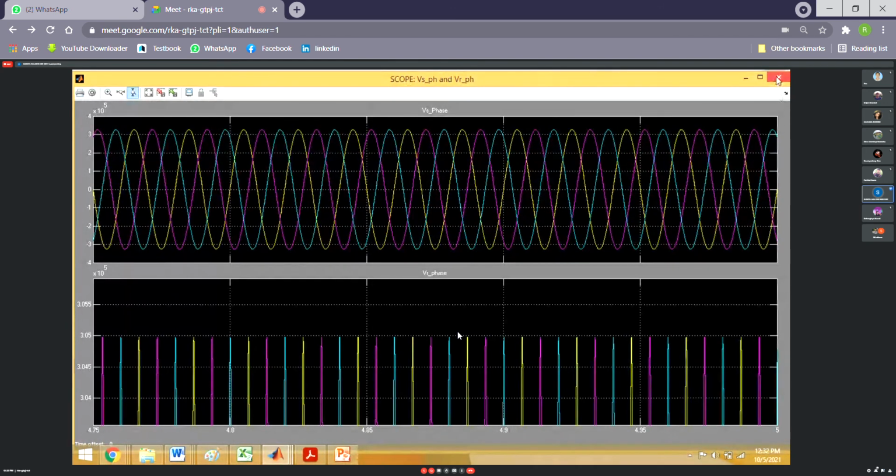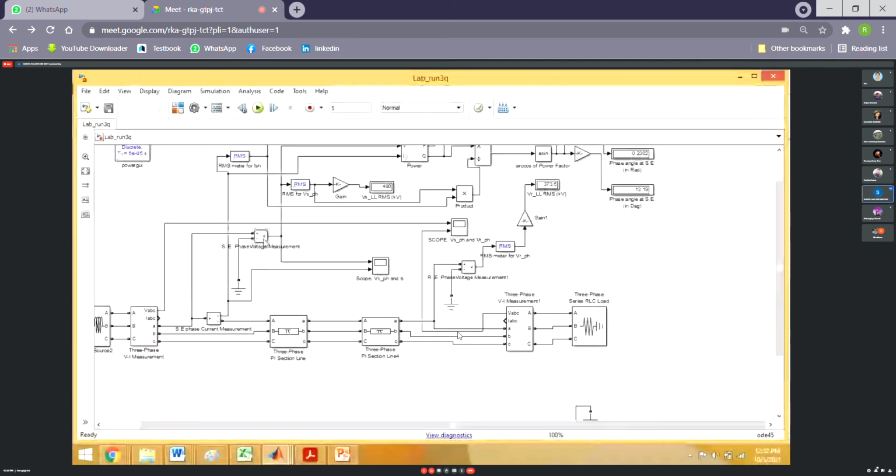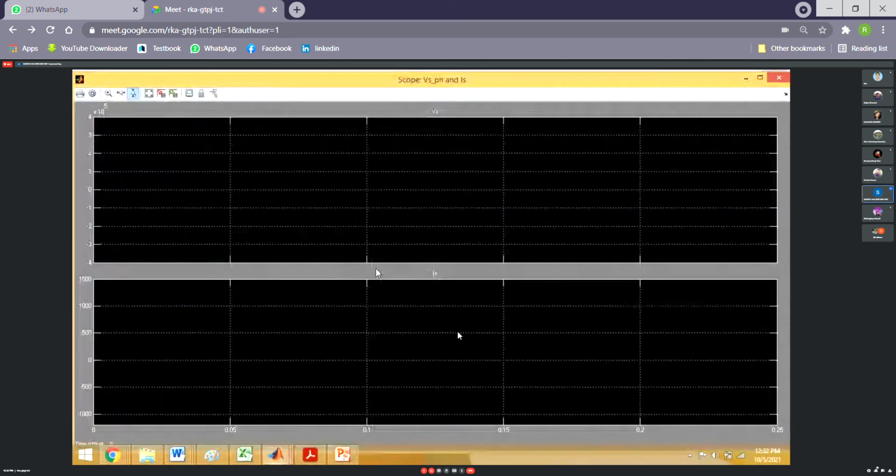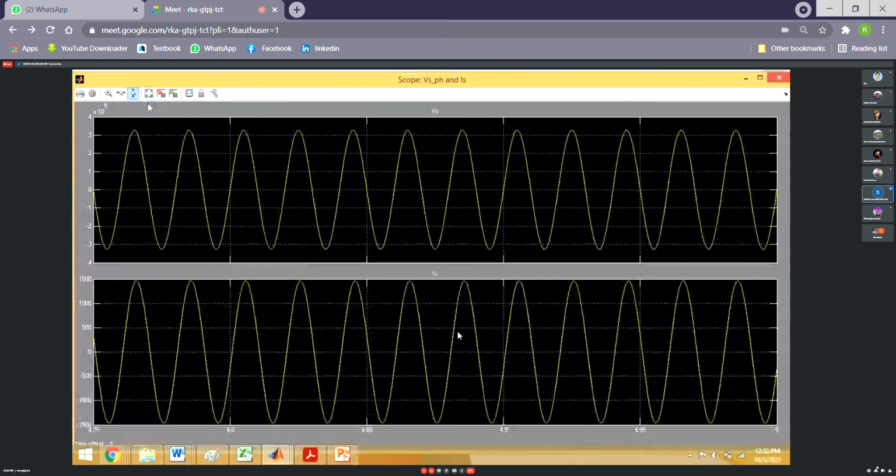Then we need to tabulate the peak value of the sending end current.